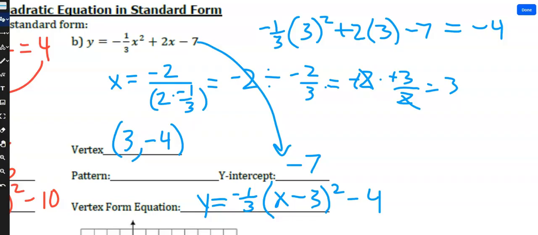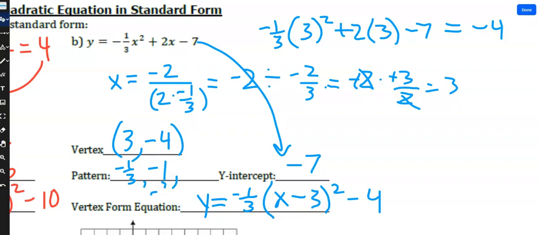And the pattern. Now, it starts out with negative 1/3. But then when you multiply that by 3, remember it's the 1a, 3a, 5a method? So just think about that. 1a, 3a, 5a. 3 times negative 1/3 would be negative 1.